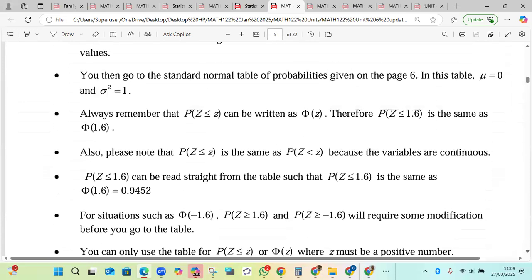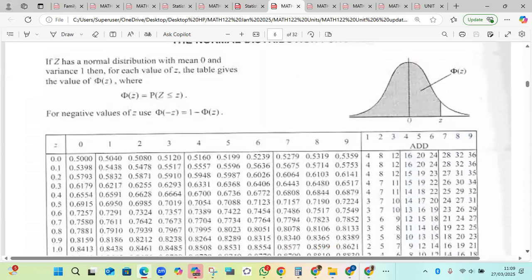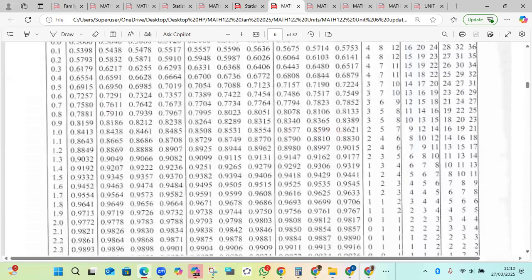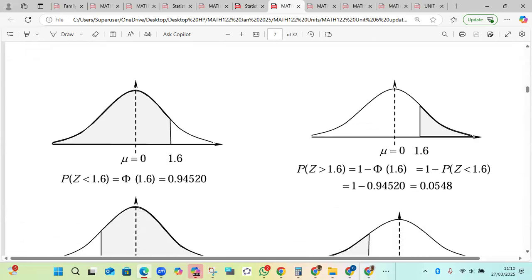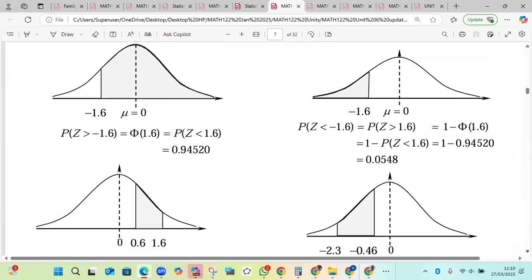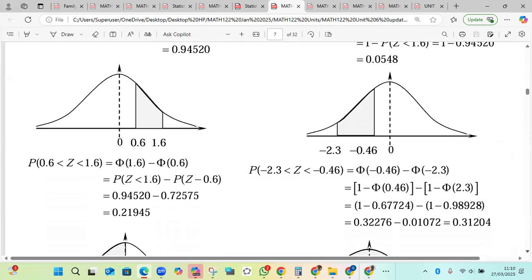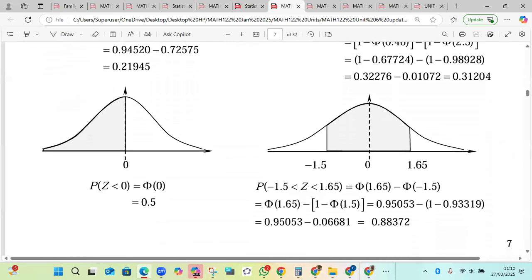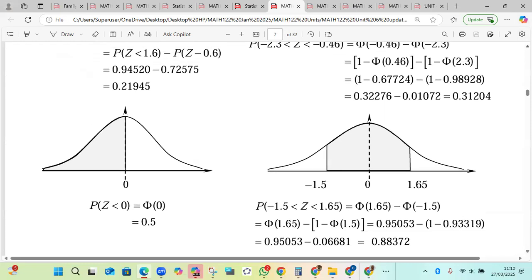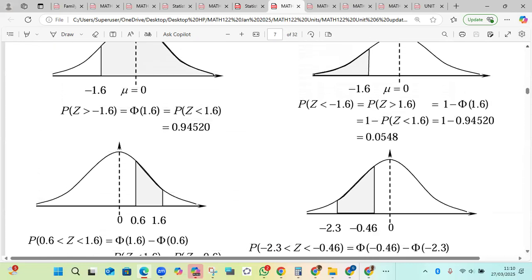Page 6 has the table that we'll be using extensively for this topic, this chapter, and these examples of how to operate the table, how to obtain probability values from the table, depending on different shaded regions that you may have been confronted with.